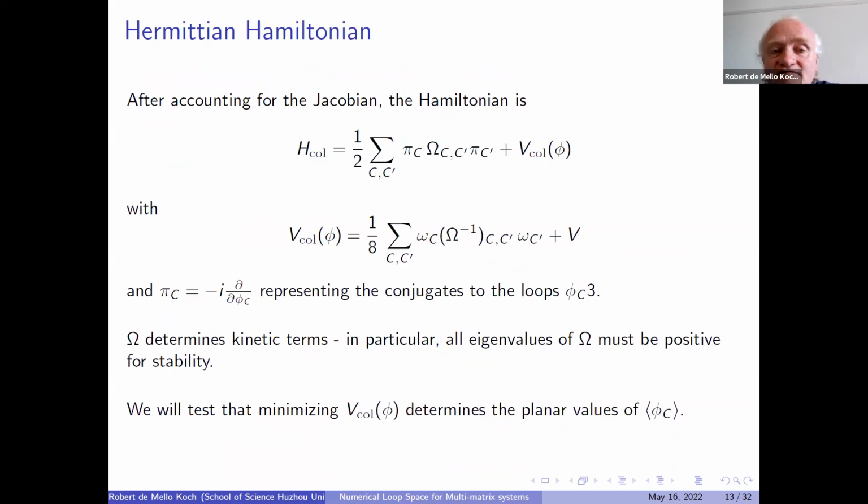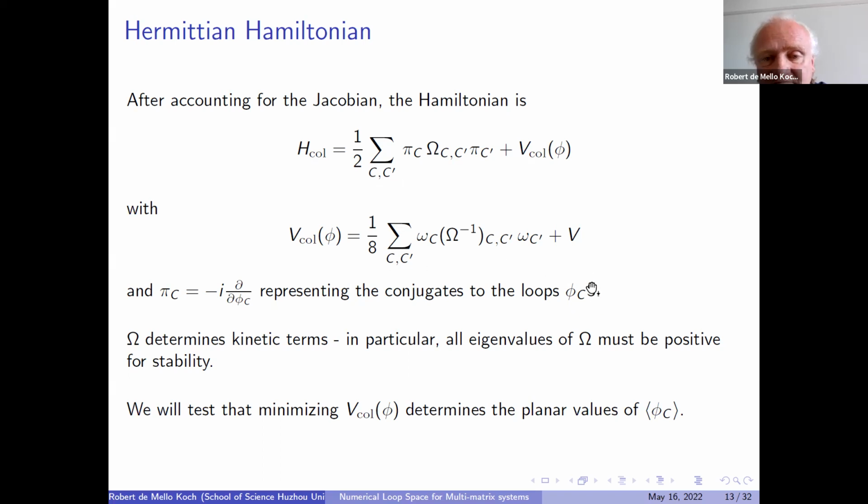So after accounting for the Jacobian, the Hamiltonian that we get is shown on this slide. So the subscript col is for collective. There's a 1/2 pi c omega cc prime pi c prime. So omega cc prime is the loop joining matrix. Pi c is the conjugate to the loop phi c. So it's minus I d by d phi c.